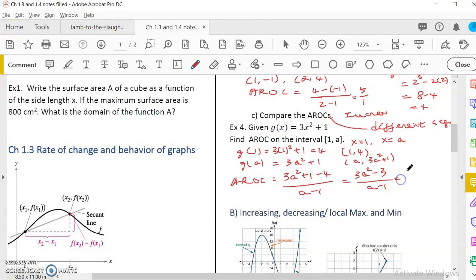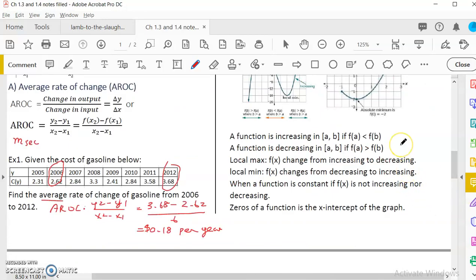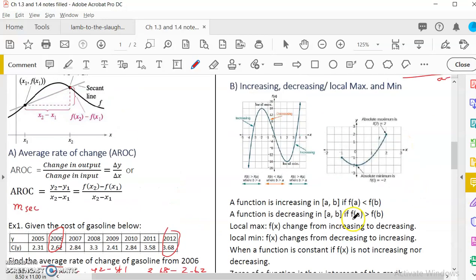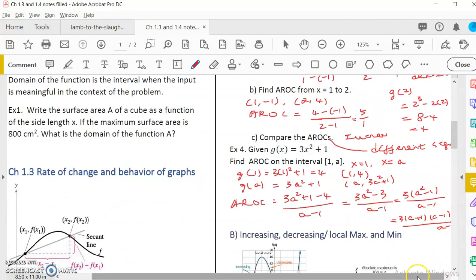Do you see that you can simplify? 3 times a squared minus 1 over a minus 1, factor, equal to 3 times a plus 1, a minus 1, over a minus 1. So a minus 1 and a minus 1 are the same thing. So this cancels, it's ultimately equal to 3a plus 3.